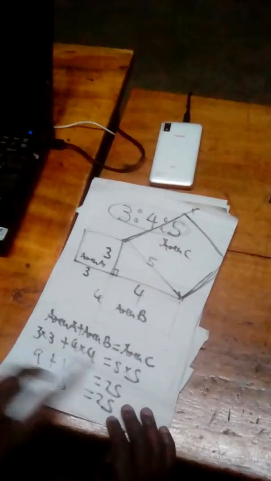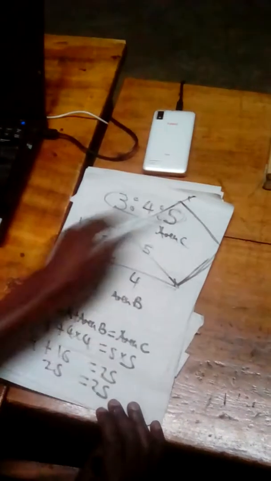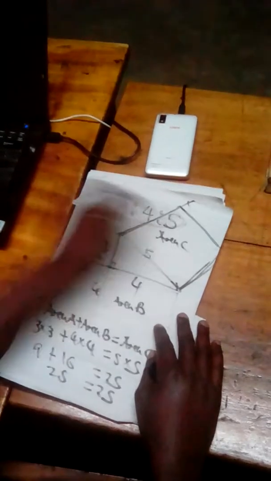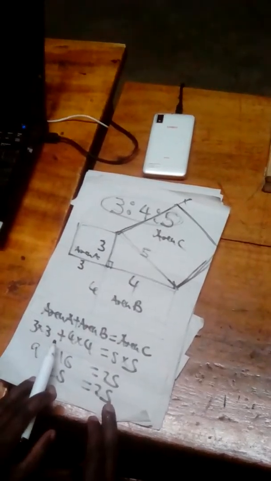So you can see the sum of these two squares on the adjacent sides makes 25, and the area of the hypotenuse side is 25. So by this ratio, the Pythagoras condition is satisfied.